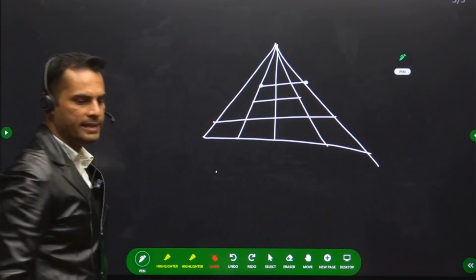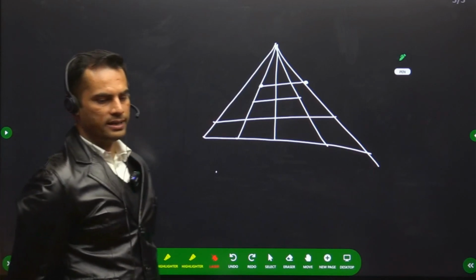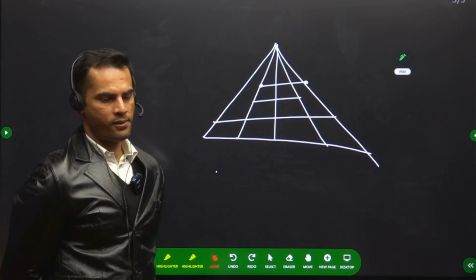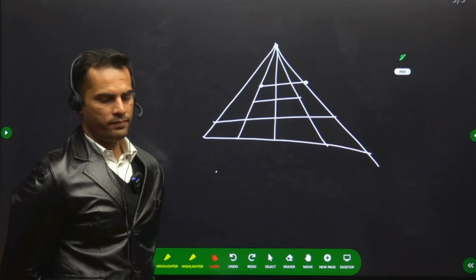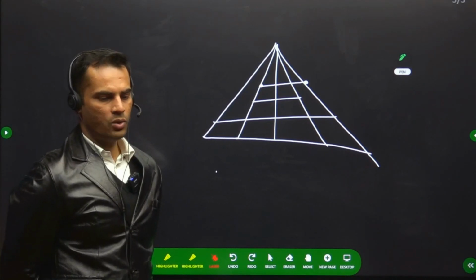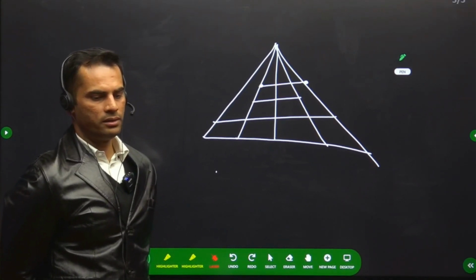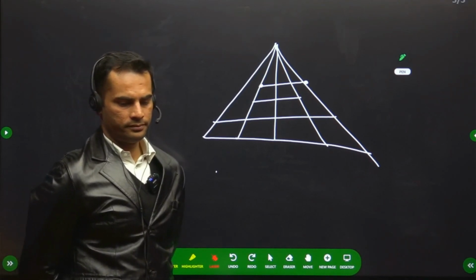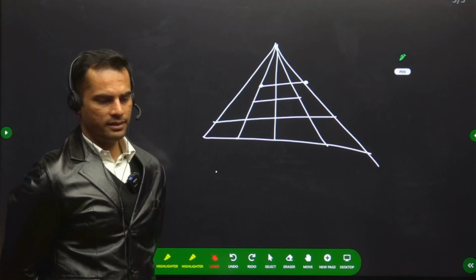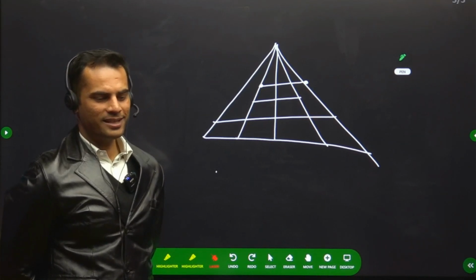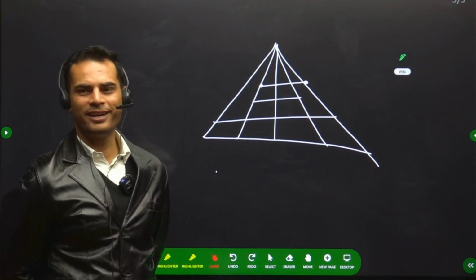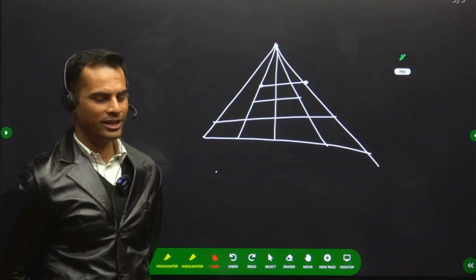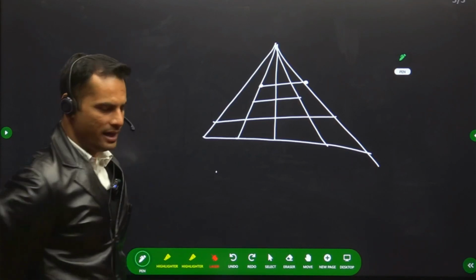Don't answer in haste. Total number of triangles here in this given figure. Try to calculate on your own. I could see some students moving their fingers, trying to tell me the answer by hand gesture.